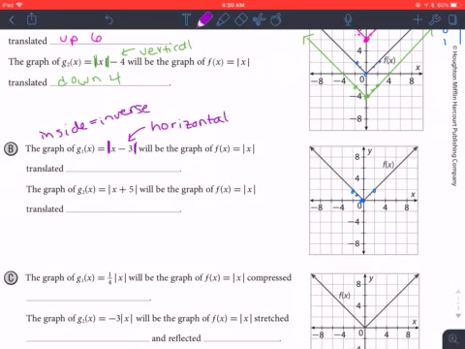You would think that minus 3 would shift left 3, but really it's going to be translated right 3. So I'm going to take each of these points and move them to the right 3. So instead of 0, 0, we're going to be shifted over 3 to 3, 0. Instead of 2, 2, we're going to be shifted over 3 to 5, 2. Instead of this point at negative 2, 2, we'll be shifted over to 1, 2.